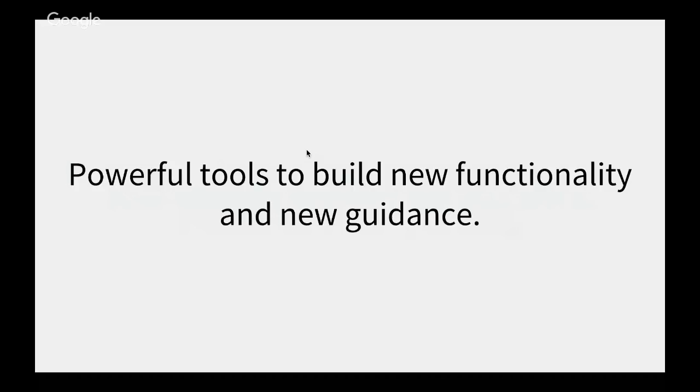In general, what we're doing with version 2.0 is developing powerful tools to build new functionality and new guidance. We're providing strong creative constraints for ourselves to build new things that are internally consistent and consistent between components and between potentially different sites that are built using the system.